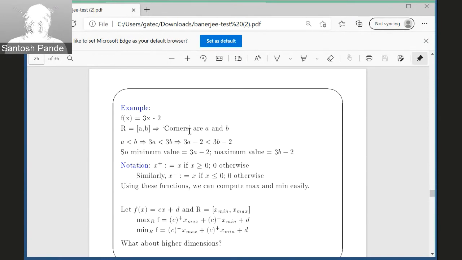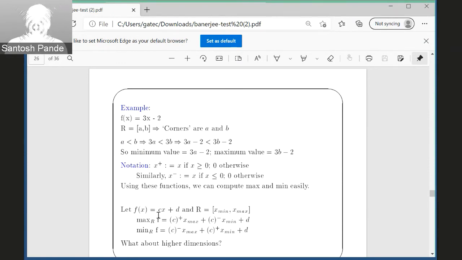So you can see that these are being used here as a notation.